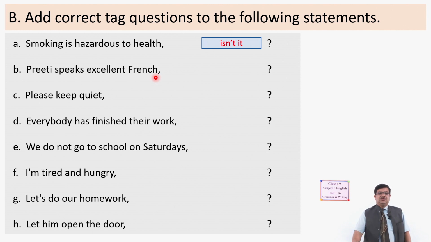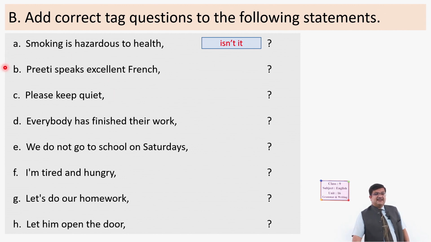Good. So we don't have an auxiliary verb in this sentence, but we have the main verb, and it is speak. So the verb is in S or ES form. That means it speaks. When the verb is in S or ES, we generally use does in the form of tag.